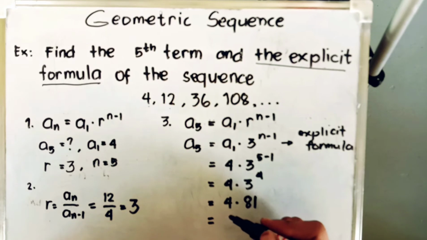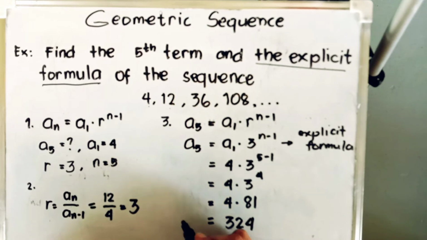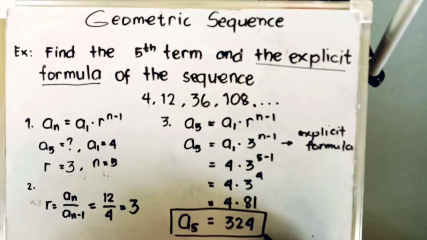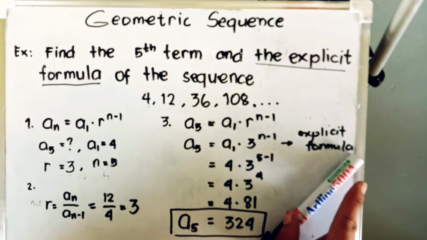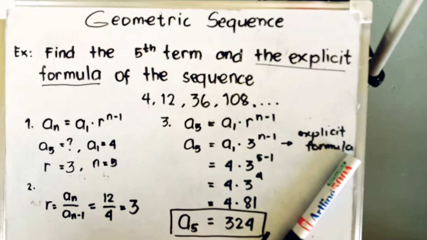Then we multiply 4 times 81, which makes 324. Therefore, the fifth term of the given sequence is 324. And that is how you solve a geometric sequence problem.